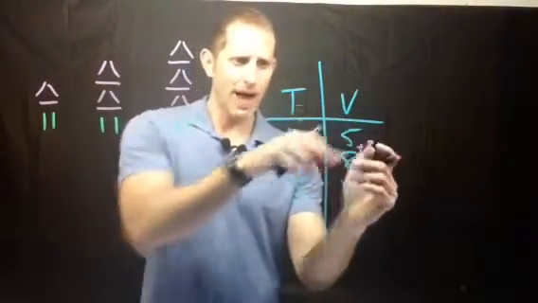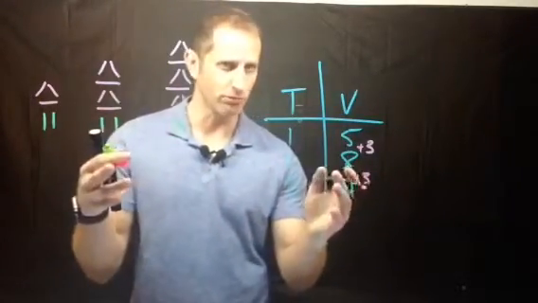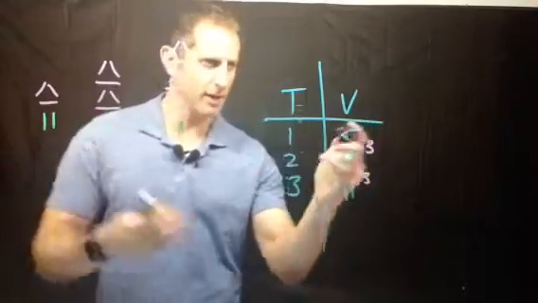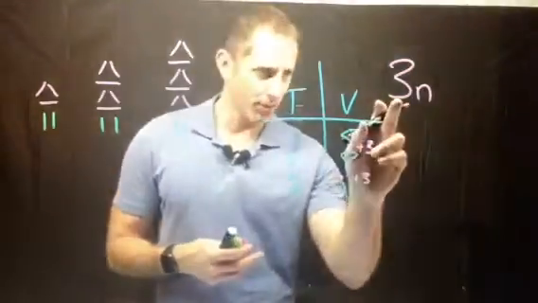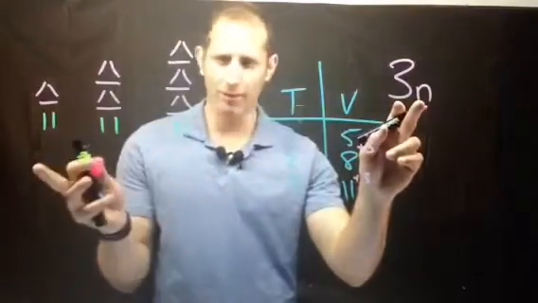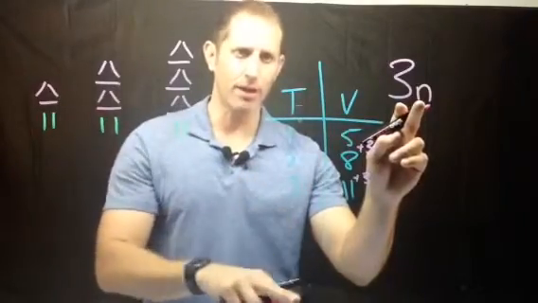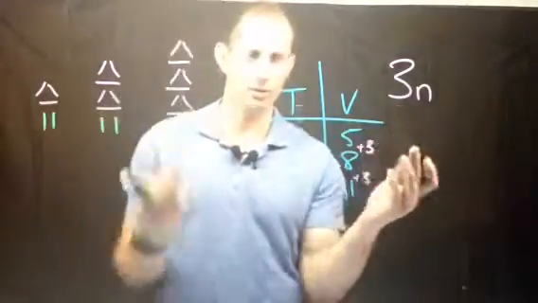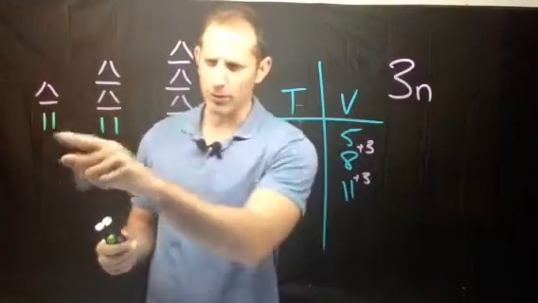So I'm going to use that plus 3 as the start of my expression. I'm going to start with 3n: 3 times the term. Every term, I'm adding 3, or taking 3 away, so on and so forth. And then I'm left with, what about these green guys down here?